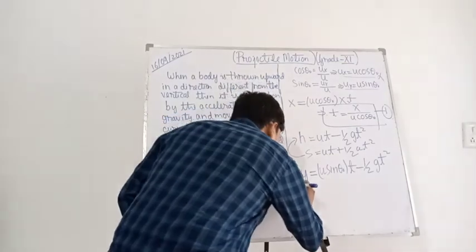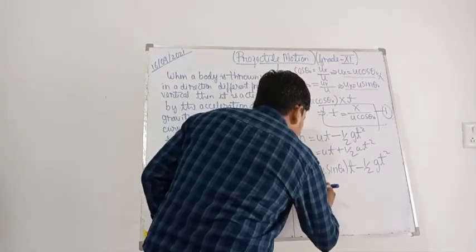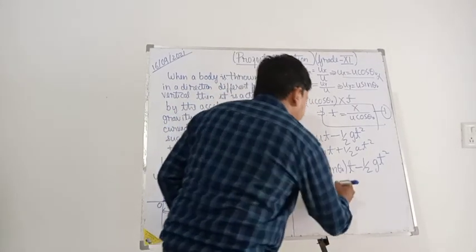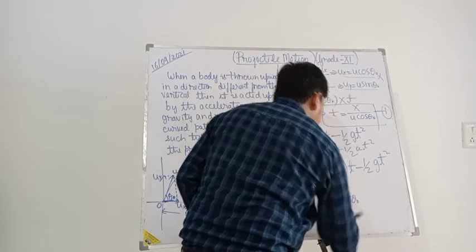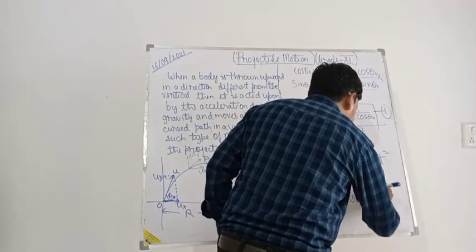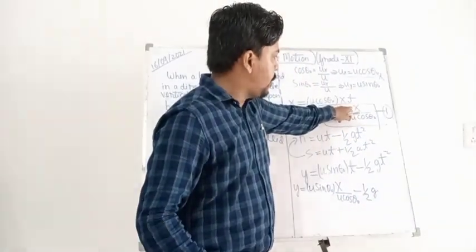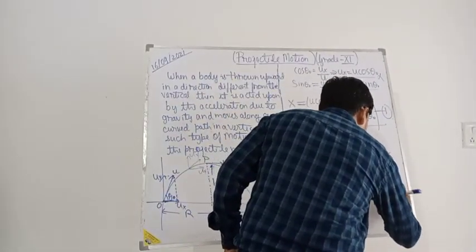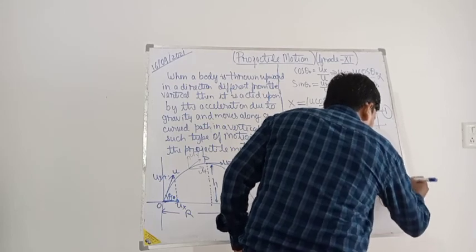That means we will get y = u sin θ₀ into x upon u cos θ₀, minus (1/2)g t², where instead of t we substitute x upon u cos θ₀, the whole squared.